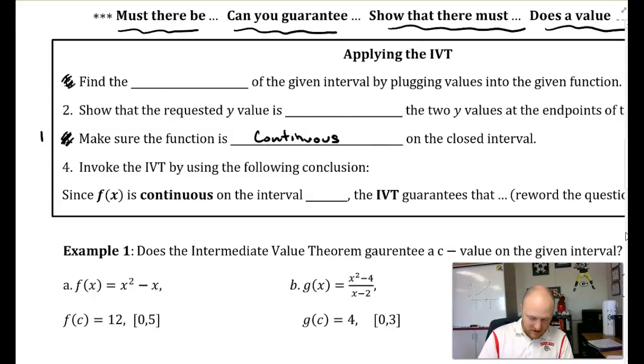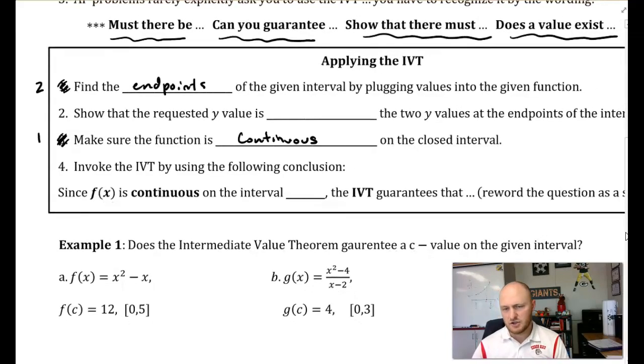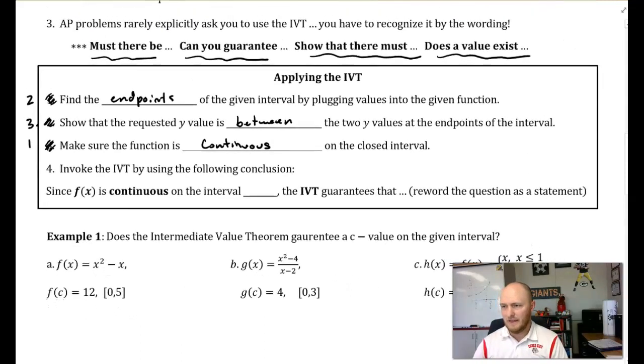Step number two, find the endpoints of the given interval by plugging values into the given function. And we'll see that in a second. Then step number three, show that the requested y value is between the two y values at the endpoints of the interval.